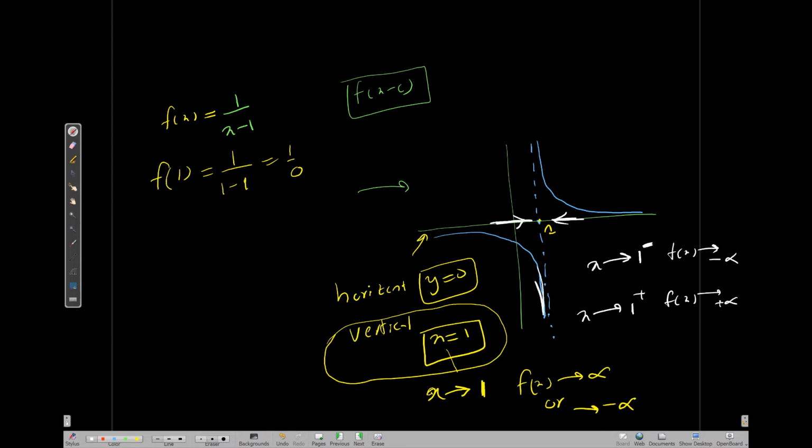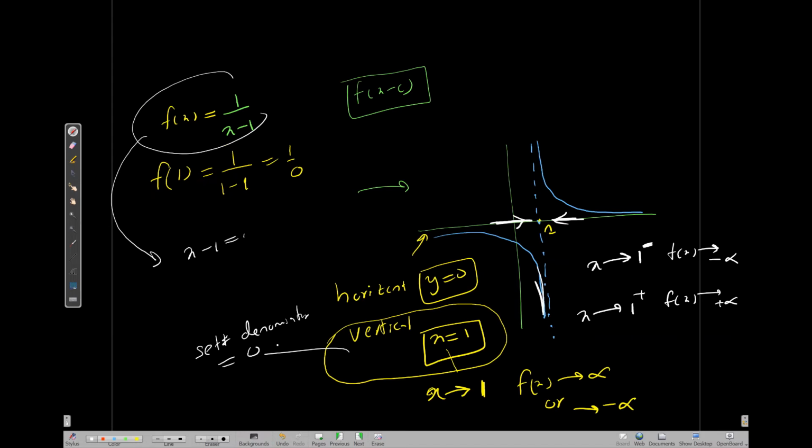So altogether, in simple words, we are looking for places where f is becoming larger and larger and going to infinity. So an easy way to find the vertical asymptote is to set the denominator equal to 0 and solve for x. In this example, the denominator is x minus 1 equals 0, and you get x equals 1. That is our vertical asymptote.